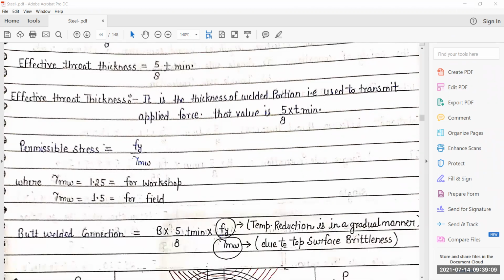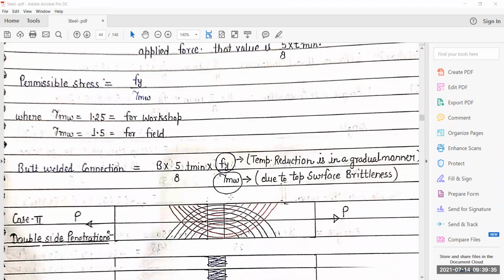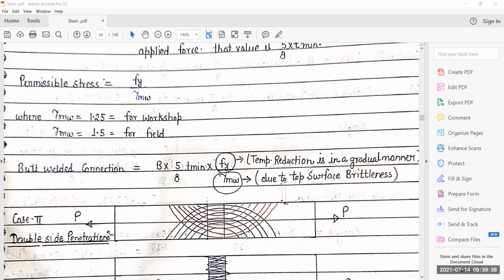The permissible stress is Fy upon gamma mw, where gamma mw equals 1.25 for the workshop and gamma mw equals 1.5 for the field. So for a butt weld connection, the strength is B into 5 upon 8 T minimum into Fy upon gamma mw.